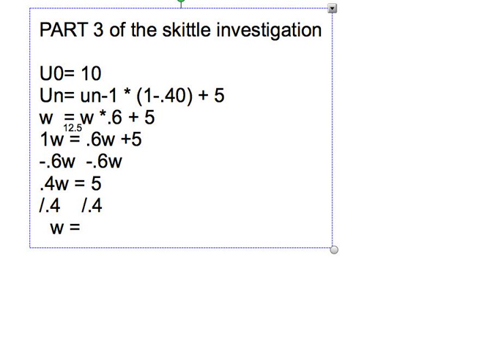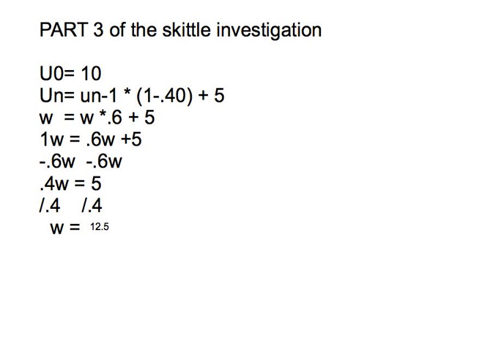Again, what determines that long run value is the recursive routine, not the starting value. The starting value has little to no effect at this point. Okay? Let me make this a little bit bigger so that you can see it. Again, the long run value is 12.5. The limit is 12.5. Okay? That's using algebra to find the long run value.